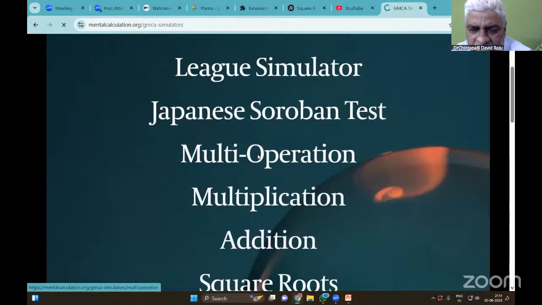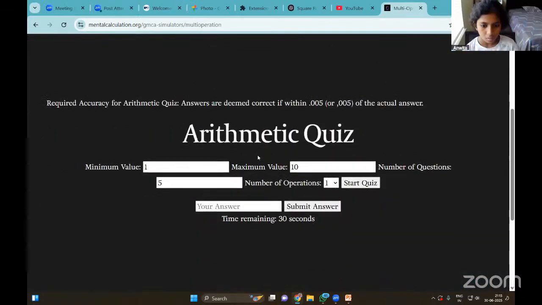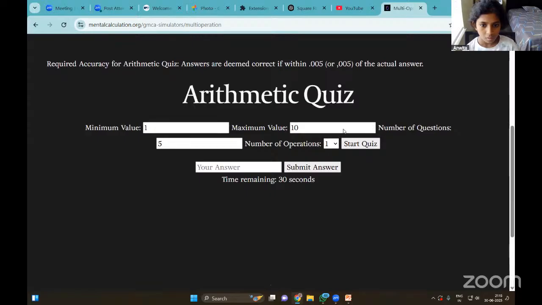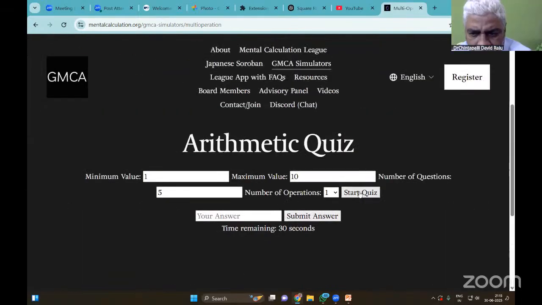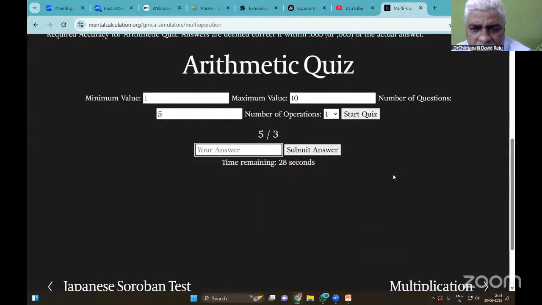Take multi operations. What's the value? 5/3. Okay, let's skip it. Can you tell its value? Is it division, sir? Yeah, division. Say any number, whether it's correct or not. It's just for practice only. It may be correct, it may not be correct. No problem.